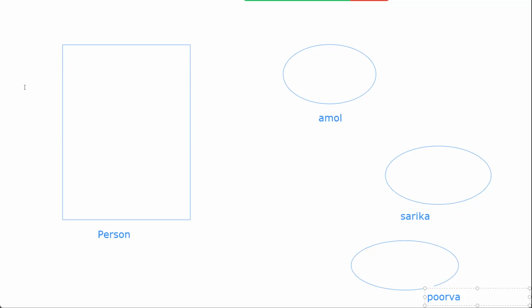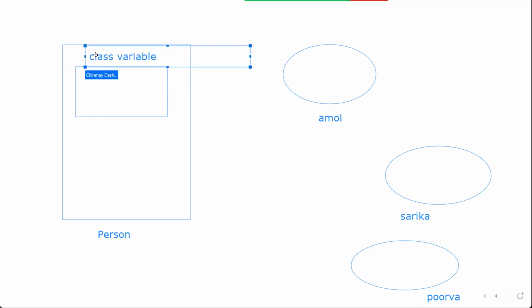Let's say I have two boxes here also. Across the whole object, if I want something common, I will define a class level variable. So this is called a class variable. When you say something belongs to a class, what I mean by that is that the thing will be common across all the objects.